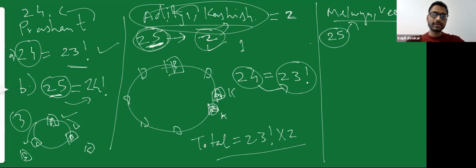Okay, so Melvin has given an answer. Khushi has given an answer. The answer can be right or wrong, but I want an answer so that I will understand where you are making a mistake or up to which point you are understanding.